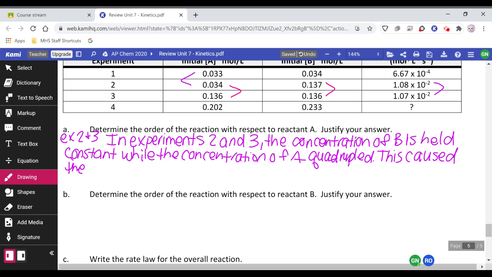If we wanted to know exact, we could do our math on that other method we learned. This caused the rate of reaction to remain the same. Okay, and so since it stayed the same, what does that tell us about the order of reaction with respect to B?